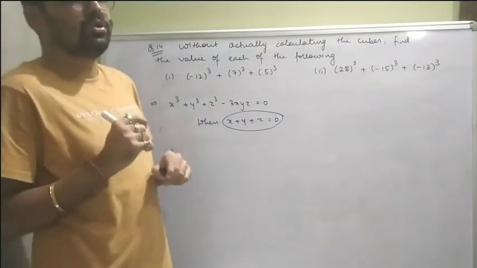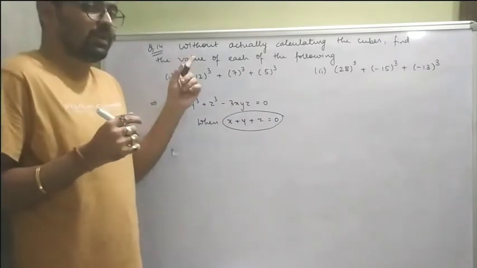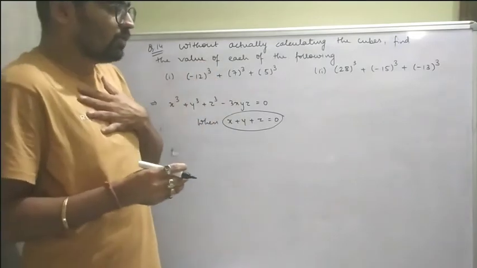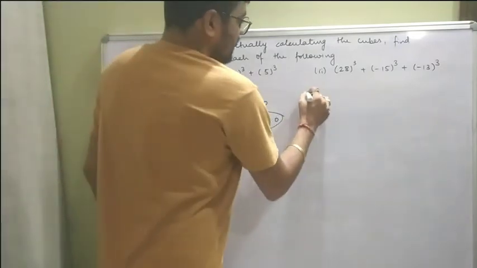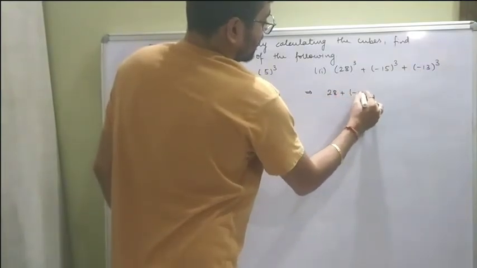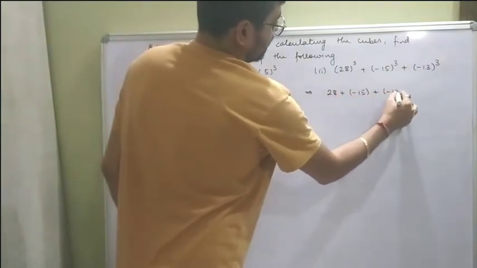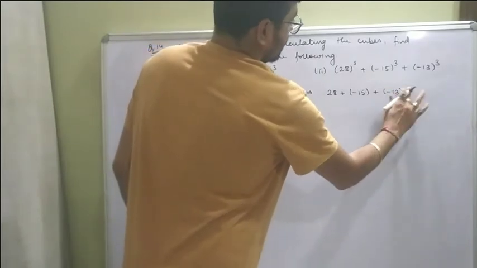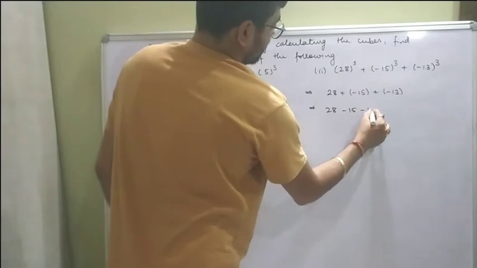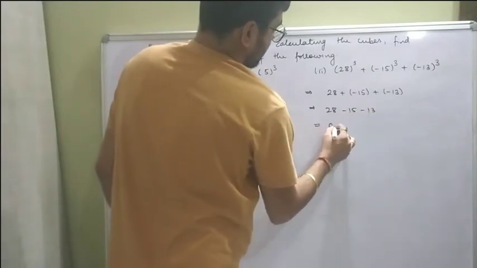This we are going to utilize. That means we did this in the previous problem, if you recall properly, question number 13. So what I am trying to tell you is just simply add the numbers we have. 28 plus minus 15 plus minus 13. So this will become 28 minus 15 minus 13 and it becomes 0.